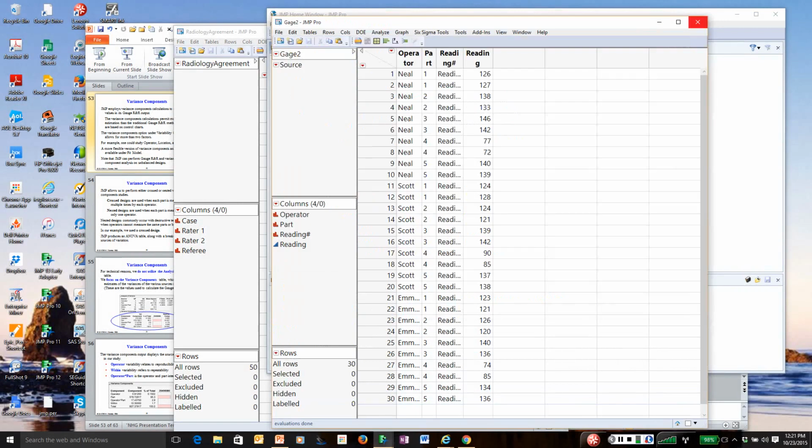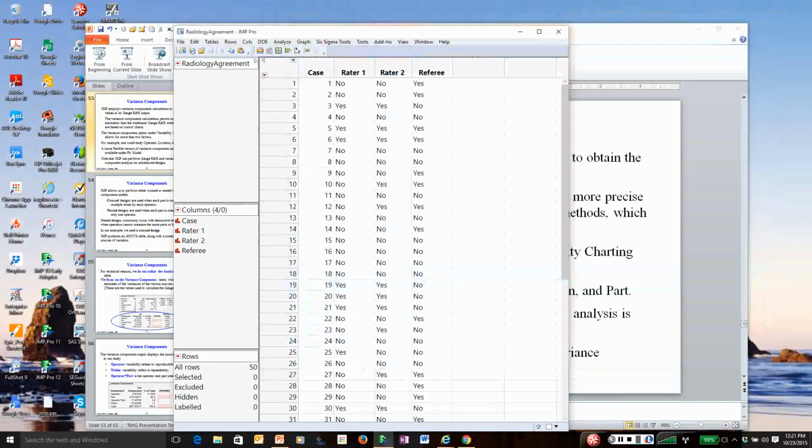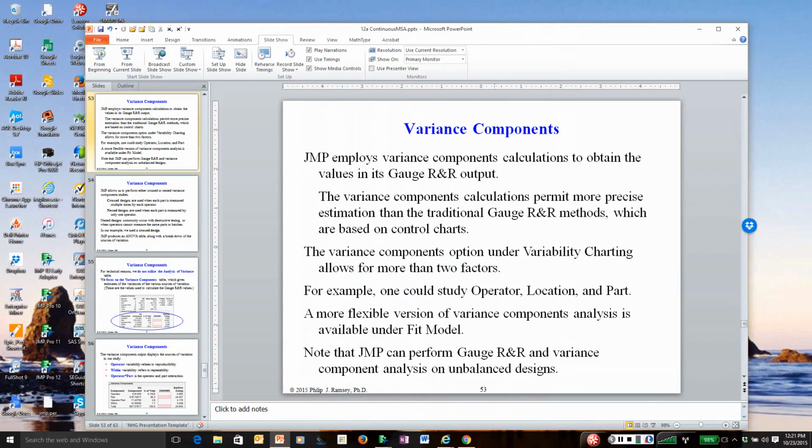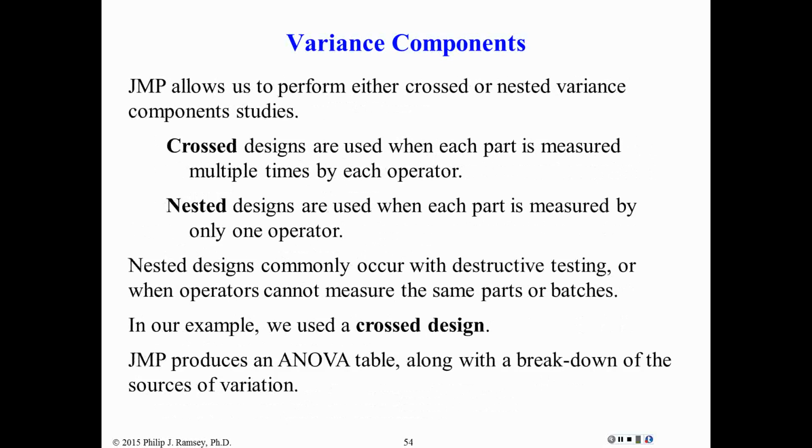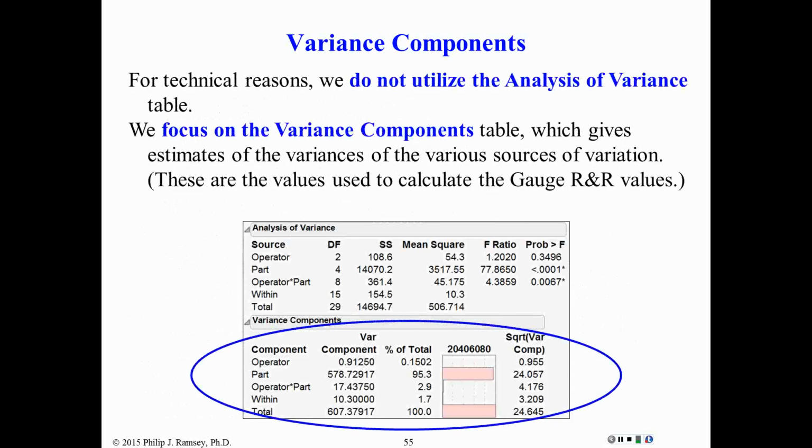So I'm going to go back to the notes at this point. That just showed you how to estimate the variance components. And on slide 55, you see a discussion of them. I've already explained them. Again, we won't get into the estimation of them.